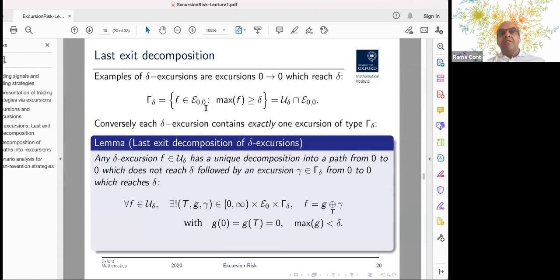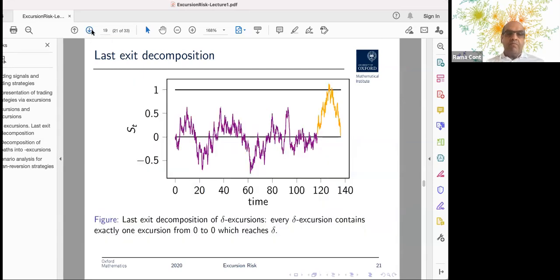It's an excursion from 0 to 0, which does reach delta. And there's only one such decomposition. This is called the last exit decomposition because, as I will show you now, the time t involved in this construction is the last exit of f from 0.